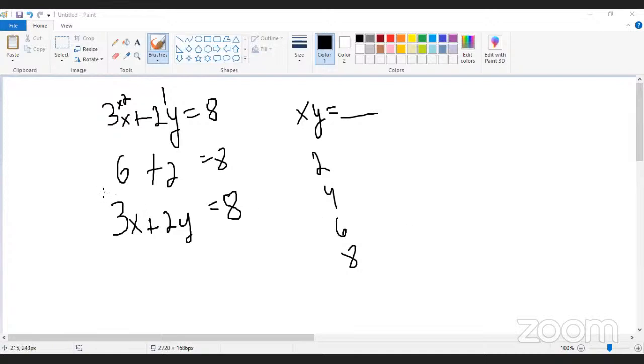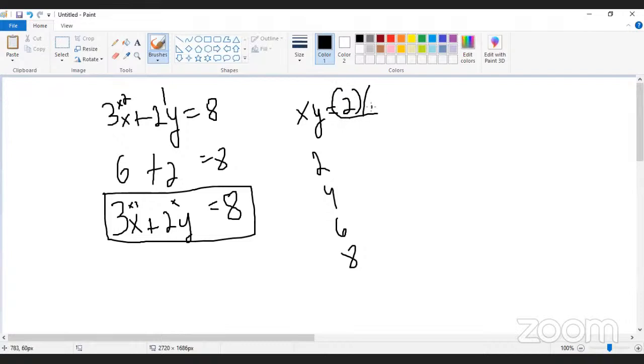Times 2 will give me 6. If I make times 1 and multiply this with something, I should get an odd number, but multiplying this, I cannot get any odd number. So I should get an even number only. Then the best one will be 2 times 1, so that will give me 8.